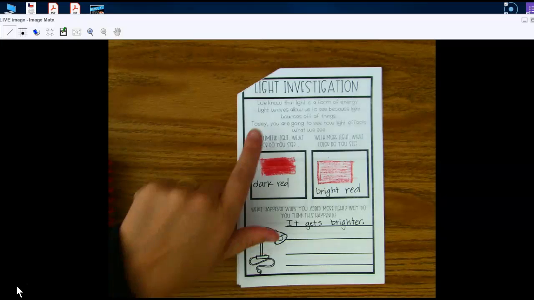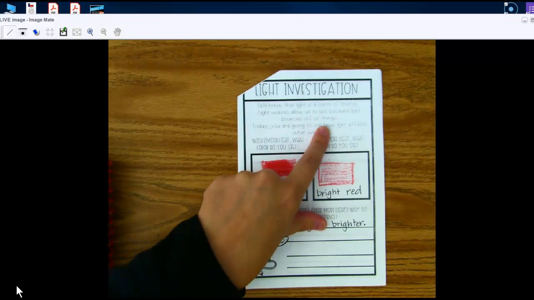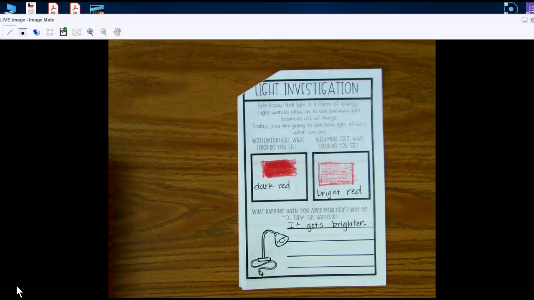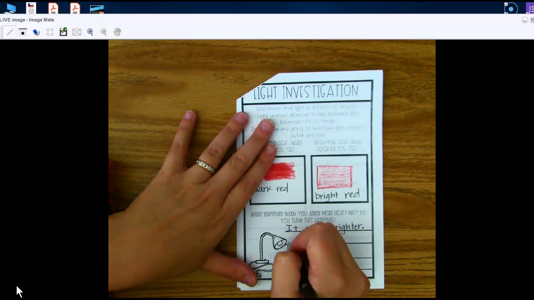And remember it says light waves allow us to see because light bounces off things. So more light bounces off of it, right? So when light bounces off of it, we see things with more energy. So that makes them look brighter. Why do you think this happens?